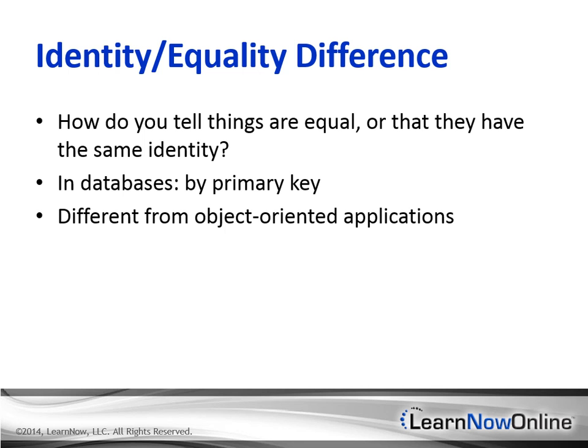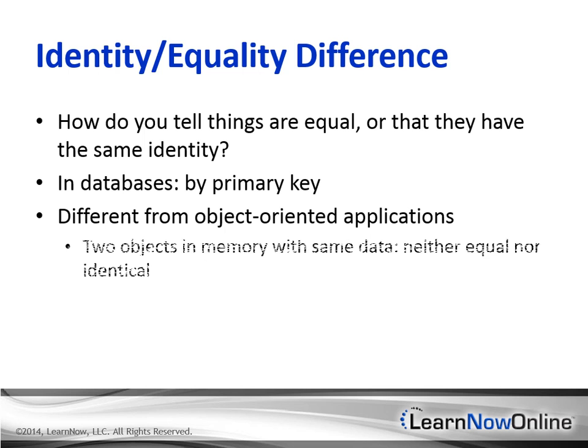This is quite different from the concepts of equality and identity of objects in an object-oriented application. If you have two objects in memory that contain the same data, the application may even have loaded the data from the same row within a database. They are not equal and therefore don't have the same identity as far as the application is concerned.